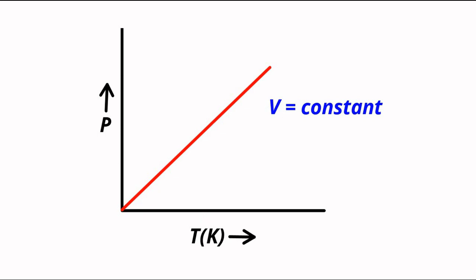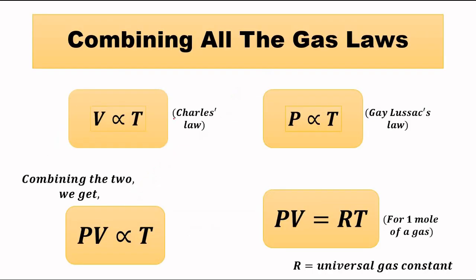So now, if we combine all these gas laws, we can derive this equation by taking any two of them. Let's say we take Charles' law, which states that volume is directly proportional to temperature. Here volume is one thermodynamic variable, temperature is another.